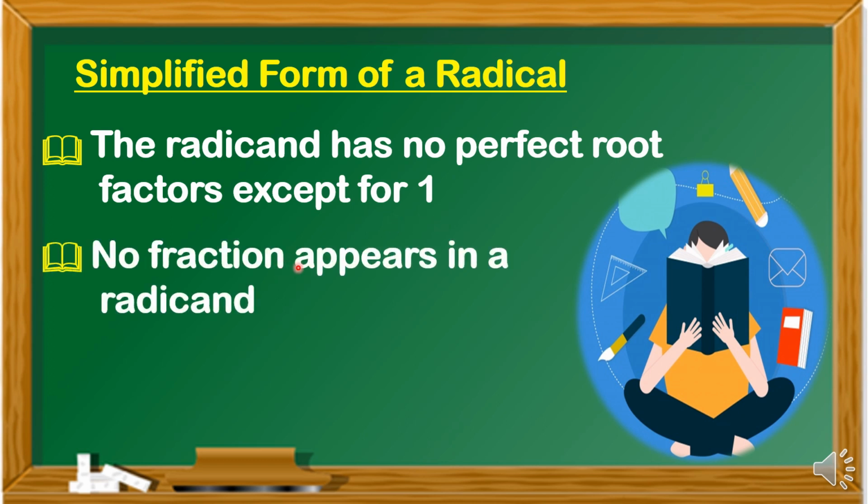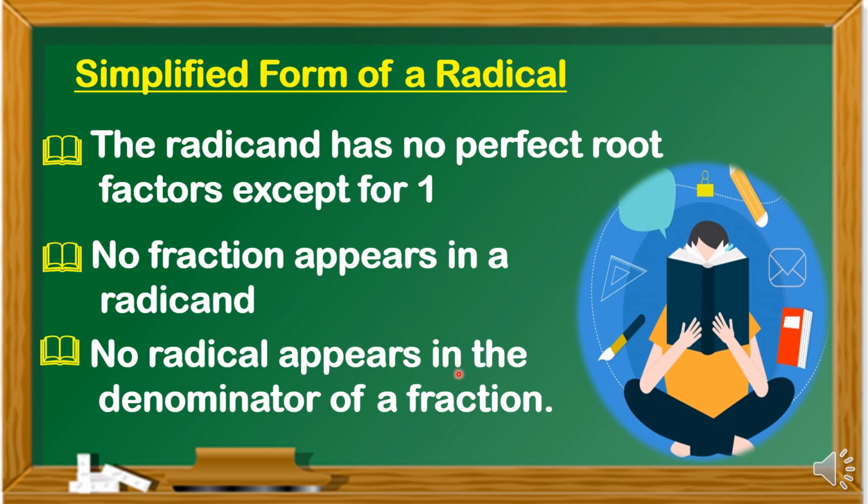Next, no fraction appears in a radicand. So, dito, kapag ang given natin is meron tayong exponent na fraction, what we're going to do is just rewrite this one into radical form. And then, last, no radical appears in the denominator of a fraction. So, dito naman ang ginagawa natin, kaya tayo gumagamit ng rationalization para mawala yung radical symbol in our denominator.